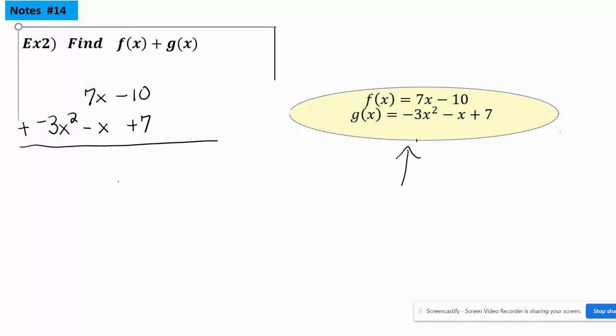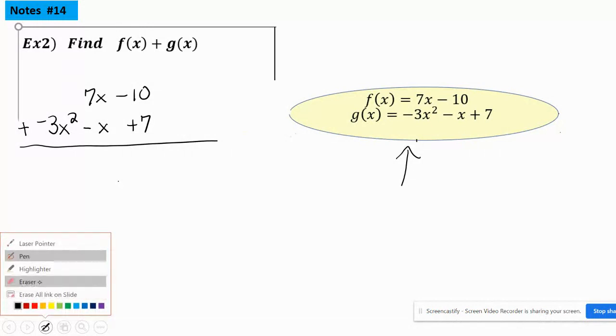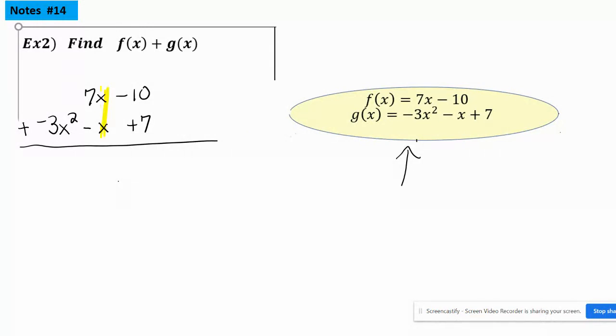I'm going to draw a line. Did you notice how I lined up these 2 items and these 2 items? There's nothing above the negative 3x squared, because there isn't another term with it. So these are like terms.